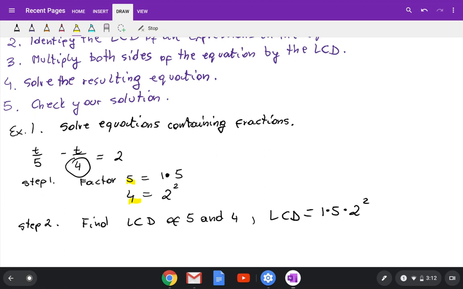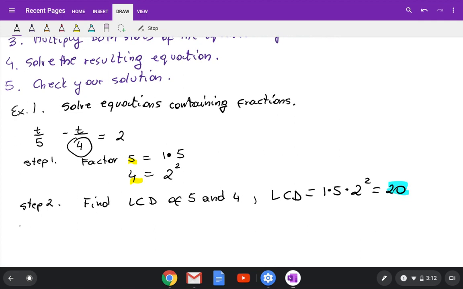So we're just listing all of them and we multiply all of them together. So the LCD will be 40. Okay, 5 times 4, I'm sorry, the LCD will be 20.